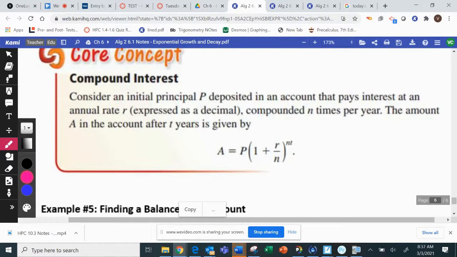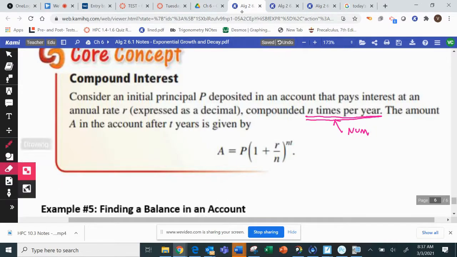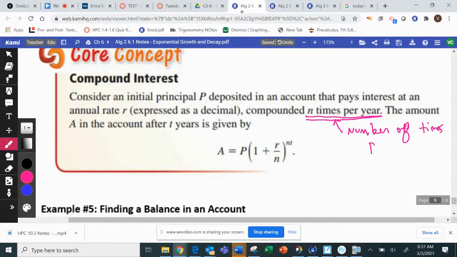It's almost the same, except we have this extra little n thrown in there. N is going to be the number of times per year that it's being compounded.